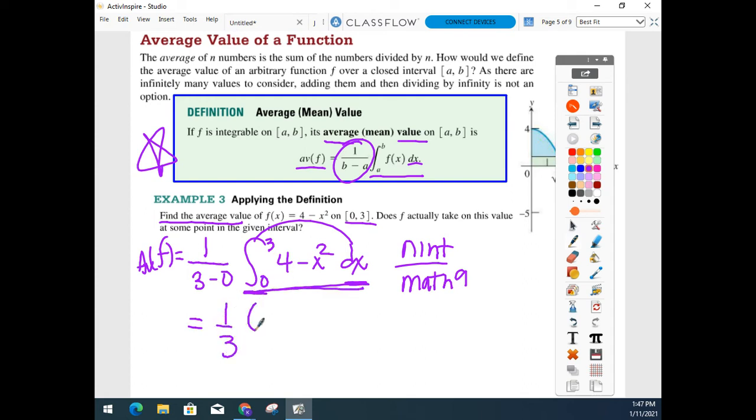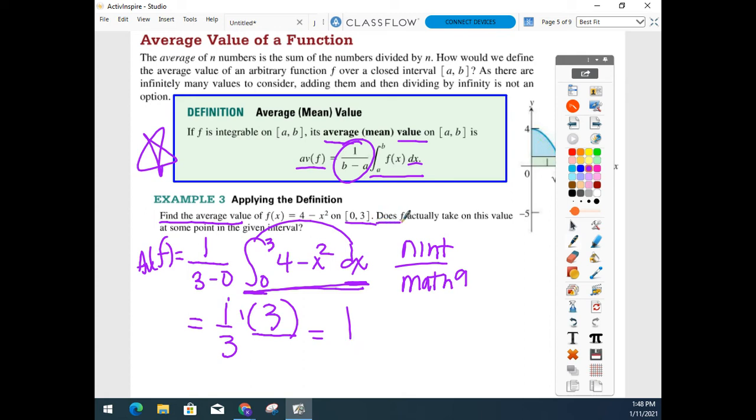This whole value, when you plug it in, you get 3. And 1/3, what this is doing is saying if this is the value of the integral, I'm finding the average. So from 0 to 3, I'm dividing it all by 3 to get an average value of 1.